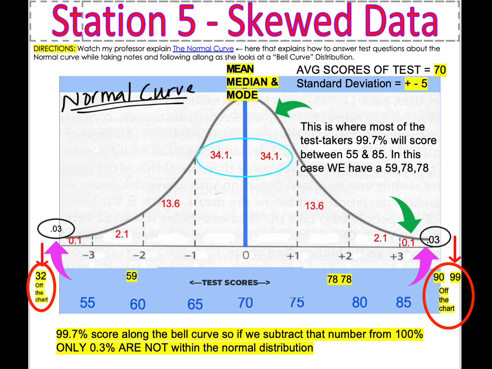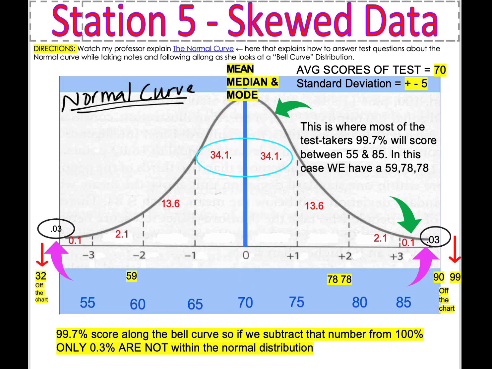And while we're here, let's go ahead and give our mean, median, and mode a blue line going down the middle, which is at the 0 point of the blank bell curve. Remember, the mean, the median, and the mode all fall on the 0 of a normal curve.